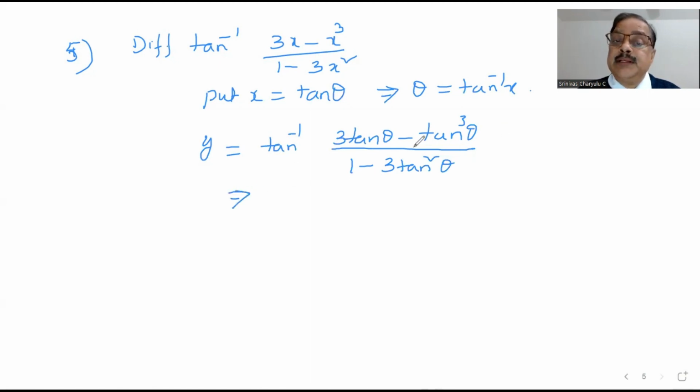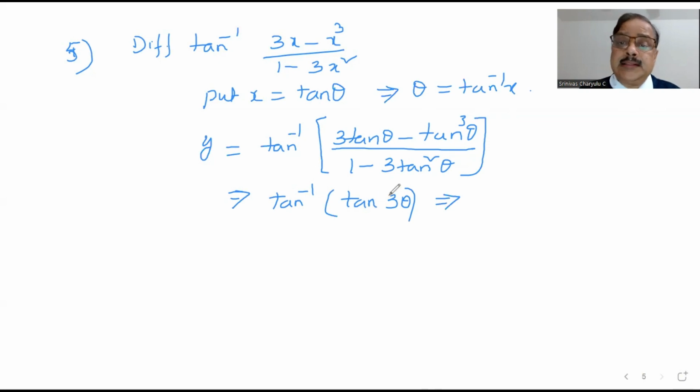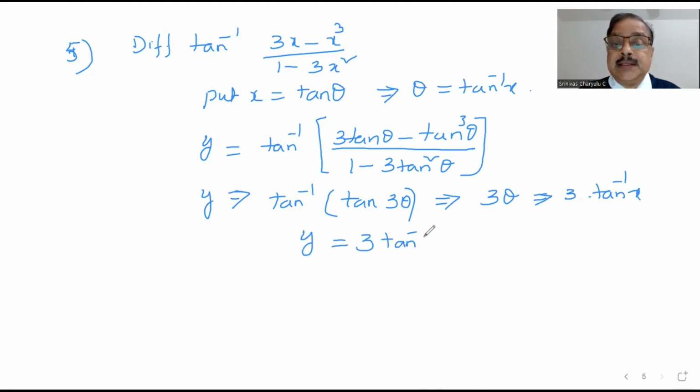This is again a basic trigonometric formula. This entire thing in the bracket is called tan 3 theta. So tan inverse and tan will cancel with each other and you are left with 3 theta. Theta is tan inverse x, so now y is equal to 3 tan inverse x.